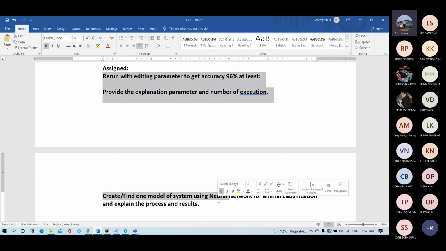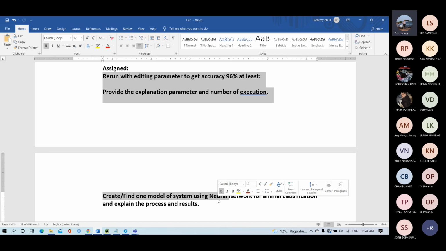The title is about using neural network to build a model and simulate it for number and animal classification. I just say classification. Okay, instructions.